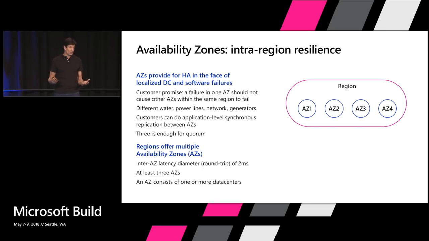And of course, because they're separate buildings, they're also physically isolated with respect to things like fires and floods within the data centers themselves. Our inter-AZ latency diameter, because they're in a region, is going to be in that 2 millisecond boundary.